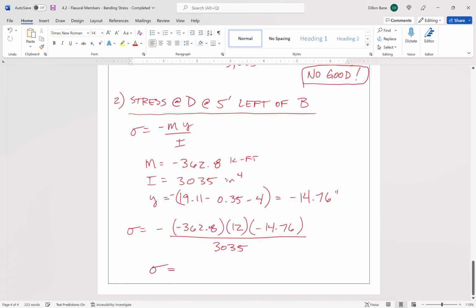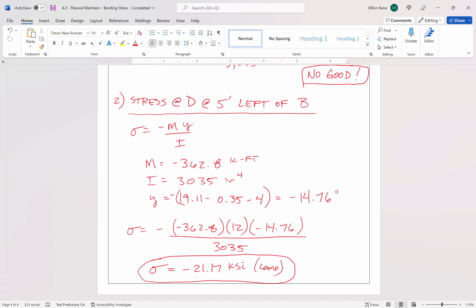Sigma at this point along the beam and on the cross section, our stress comes out to be negative 21.17 KSI, right? Negative means compression. It was just asking what the stress was, so that's okay. We just calculated the stress, 21.17 KSI, in compression.